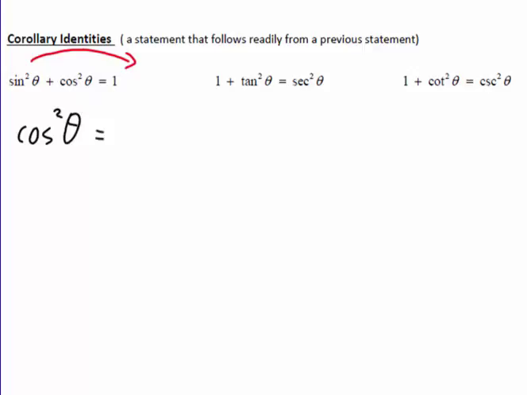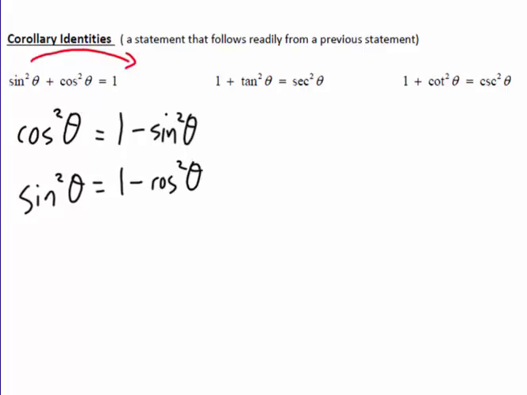Cos squared theta is really just 1 minus sine squared theta. Just solving that for cos squared theta. Same thing can be said if you want to find sine squared theta. Just move the cos over and we get 1 minus cos squared theta.